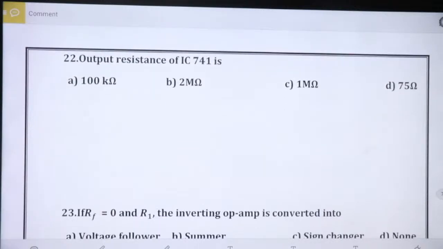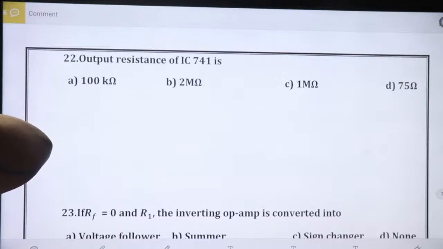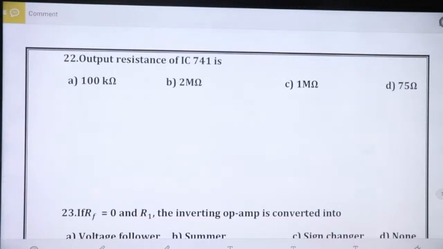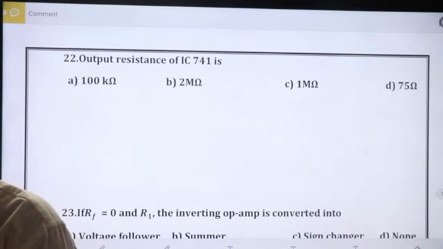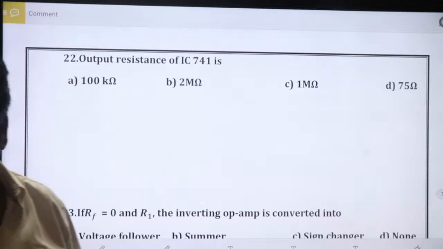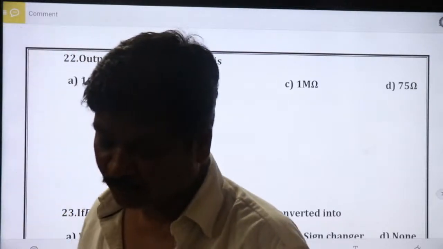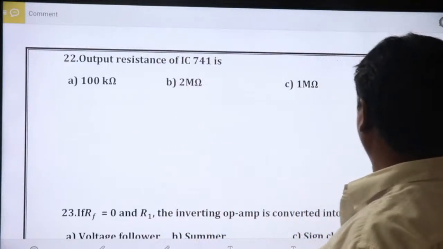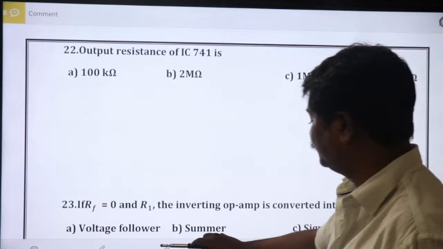The output resistance of an IC: what should be the output resistance for an operational amplifier? Output resistance should be very low, around 75 ohms.